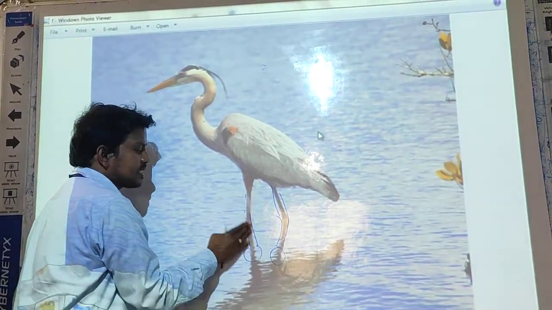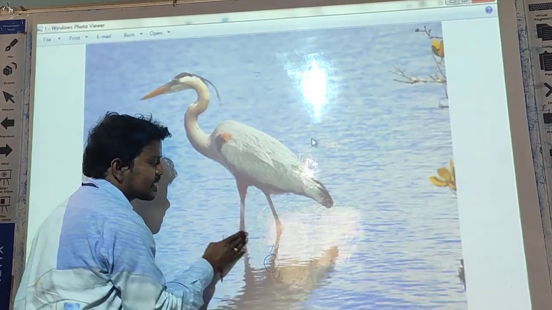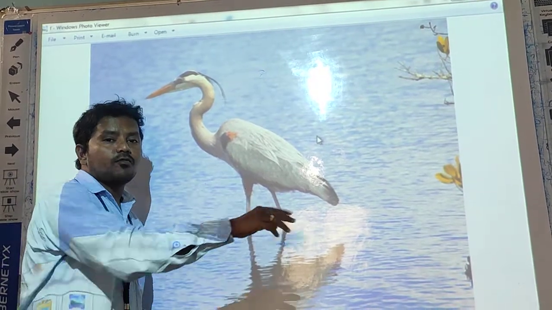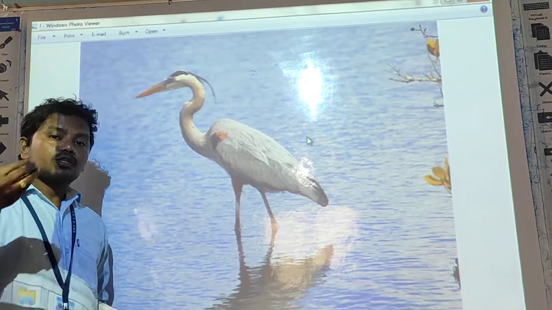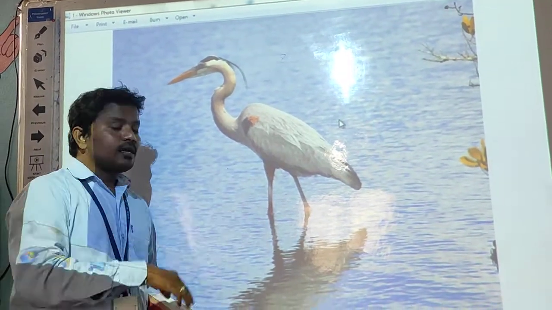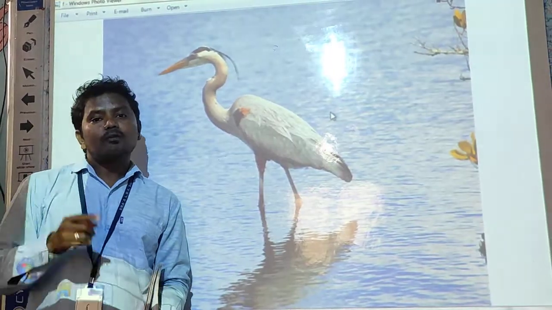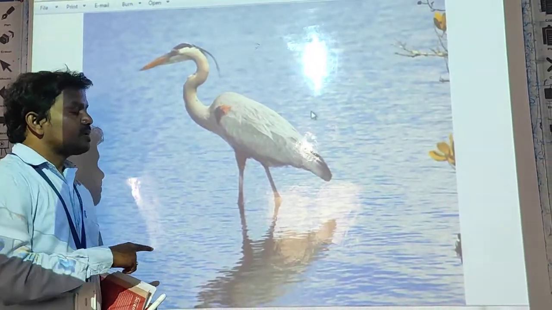With the help of those lightweight legs and claws, they can walk easily on the water, but they cannot get wet. They cannot drown or sink in the water. They can easily walk on the water. Example of wading birds, crane.